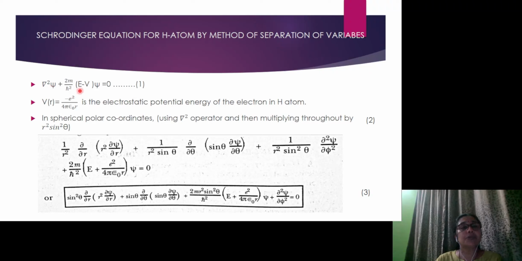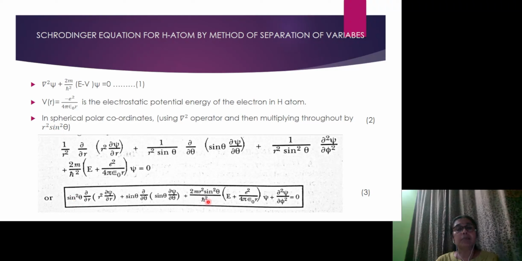Then we have substituted the expression for V. Because it is a negative potential, minus minus becomes positive, so we get this particular term equal to 0. Then if we multiply the whole equation with r square sine square theta, we get this.